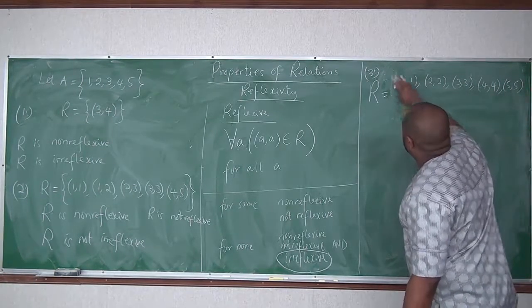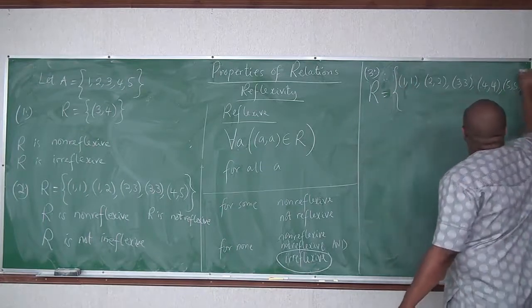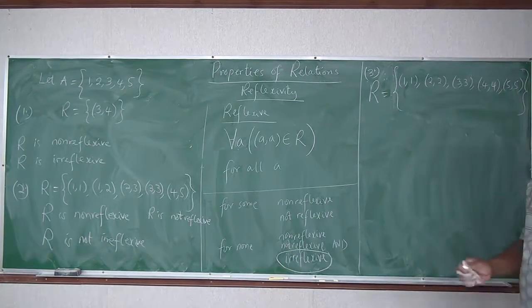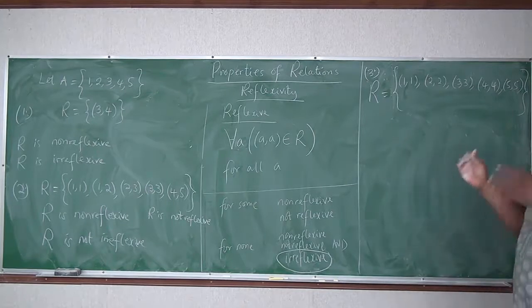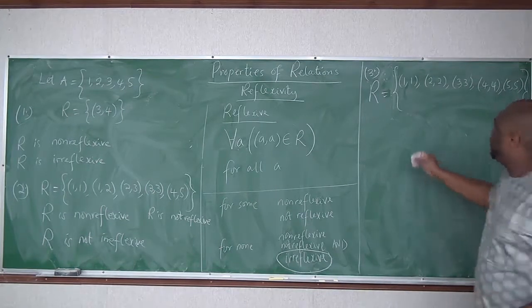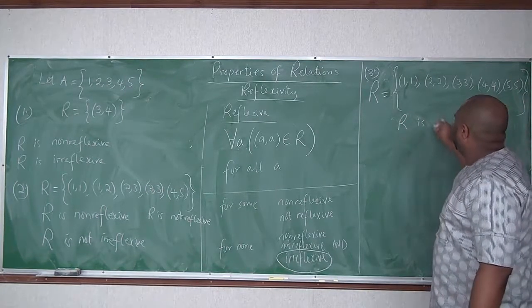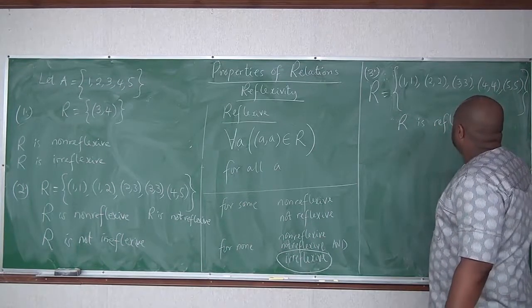Just like this only. 1, 1, 2, 2, 3, 3, 4, 4, 5, 5. R is reflexive. The relation here is reflexive.